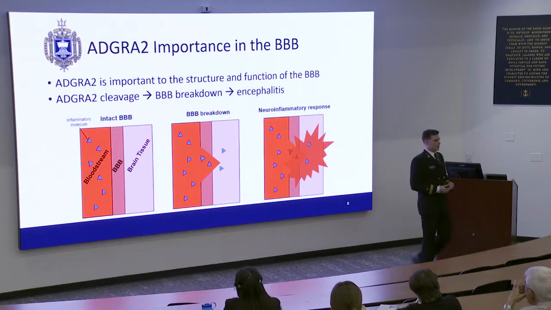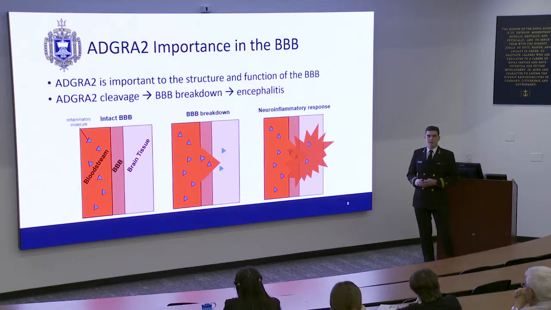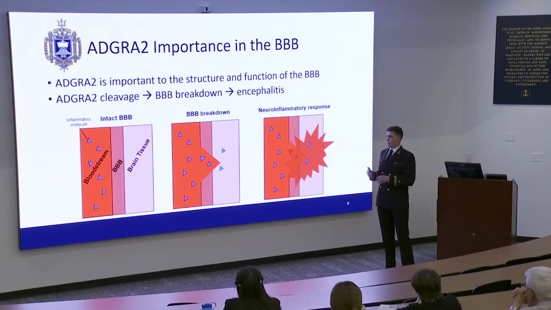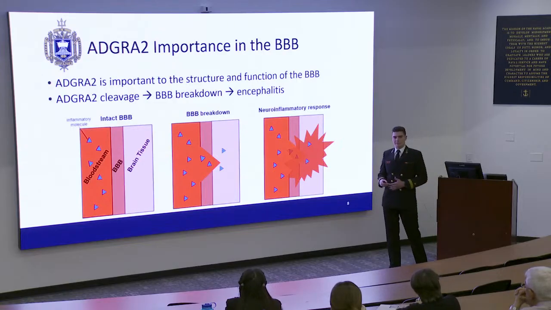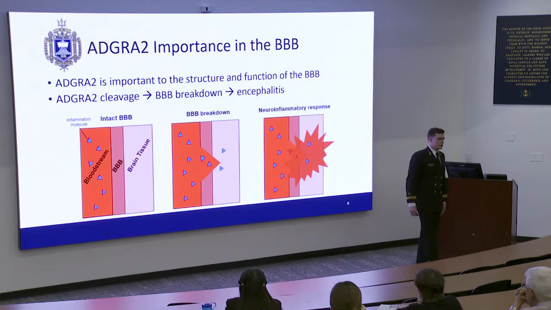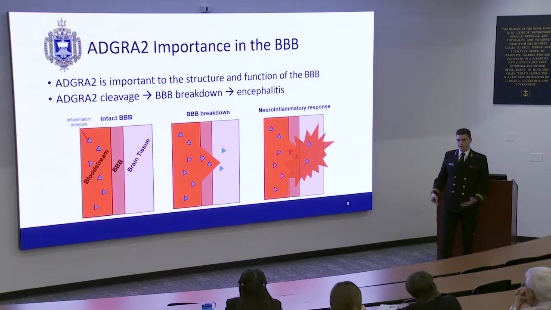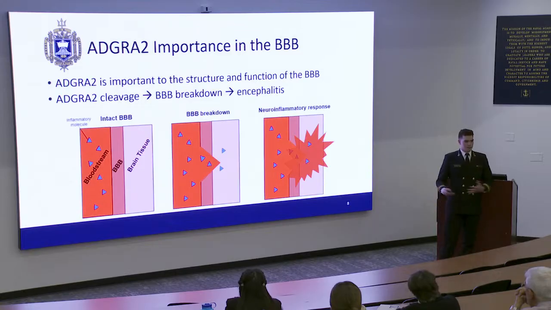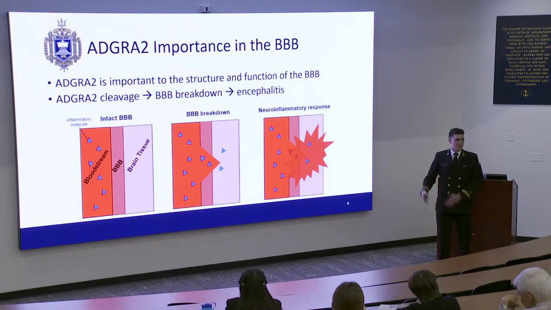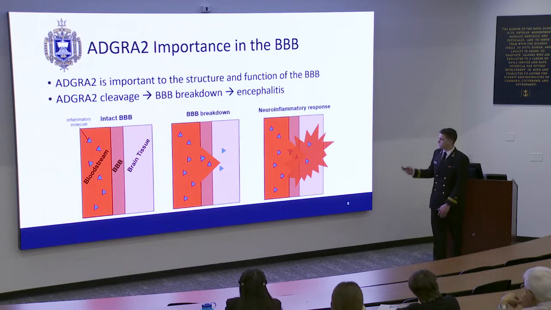If this human protein was targeted and degraded, and therefore the blood-brain barrier was no longer intact and functioning, that could be the cause of the breakdown that results in encephalitis. Encephalitis is a pathology that you see frequently when people are infected by these neuroinvasive viruses. So as we look to combat those, we want to look at how they actually function and what we can target there.